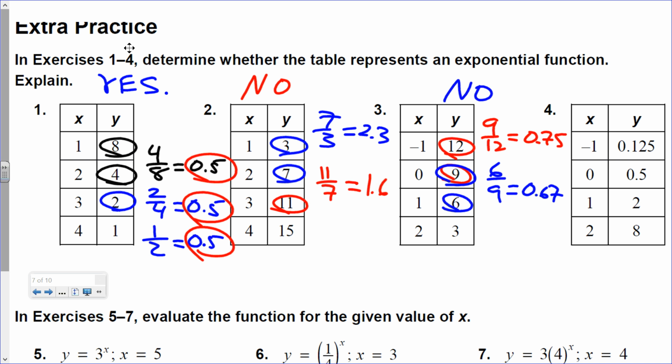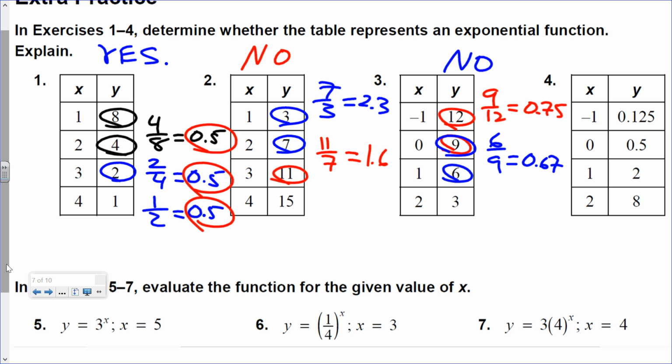How about the fourth one now? Let's see the ratio. The second to the first, I'll do the work for us. Here we go. 0.5 divided by 0.125. Let me get my calculator. So 0.5 divided by 0.125, I get 4.